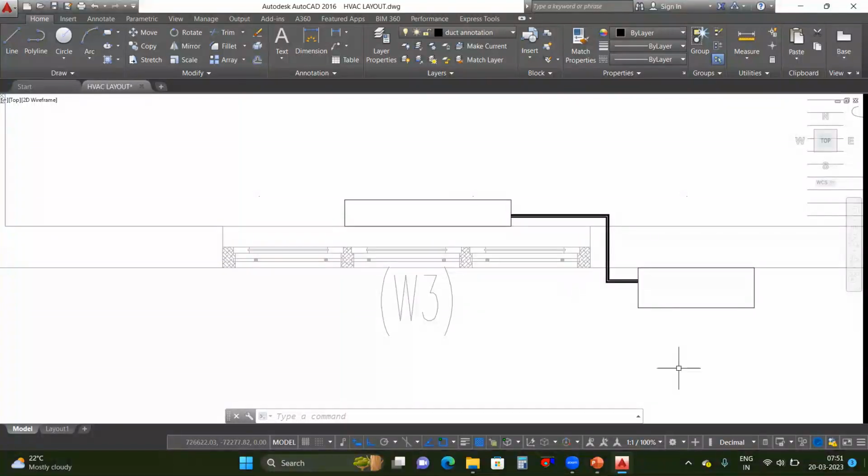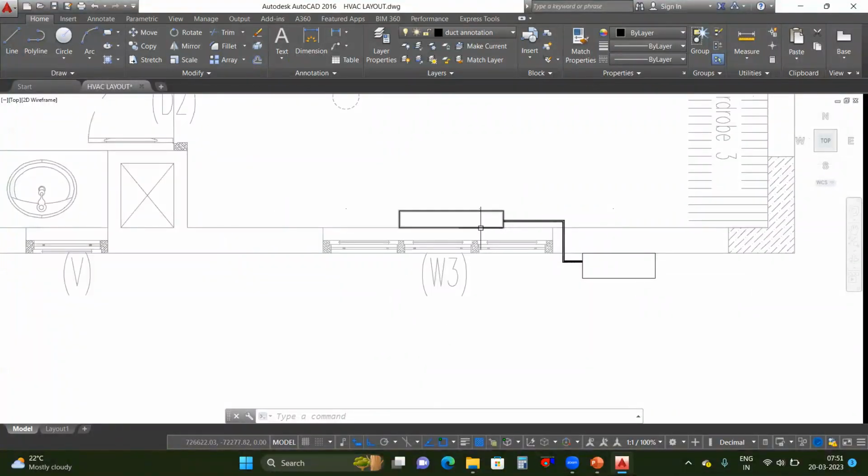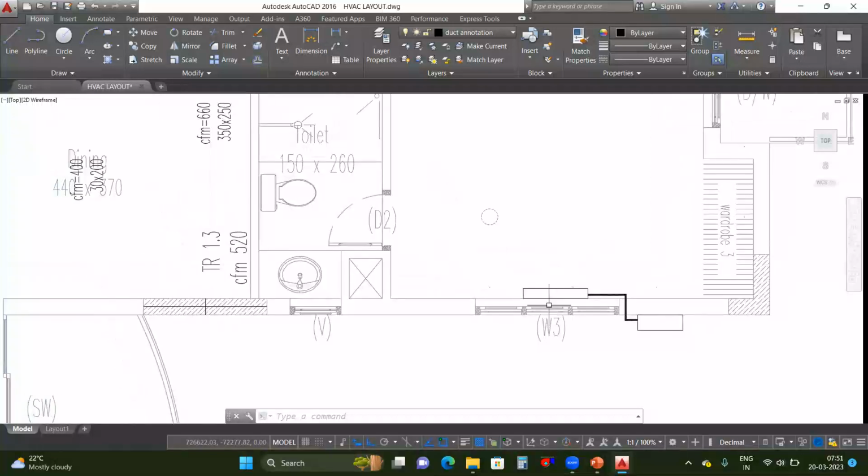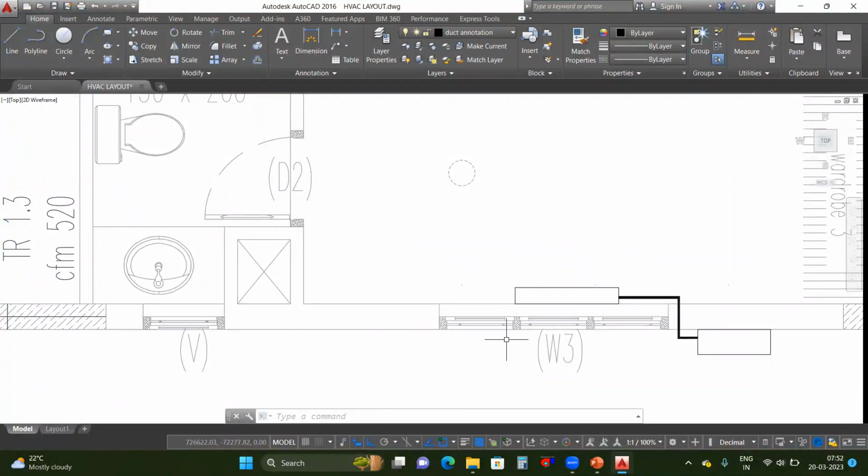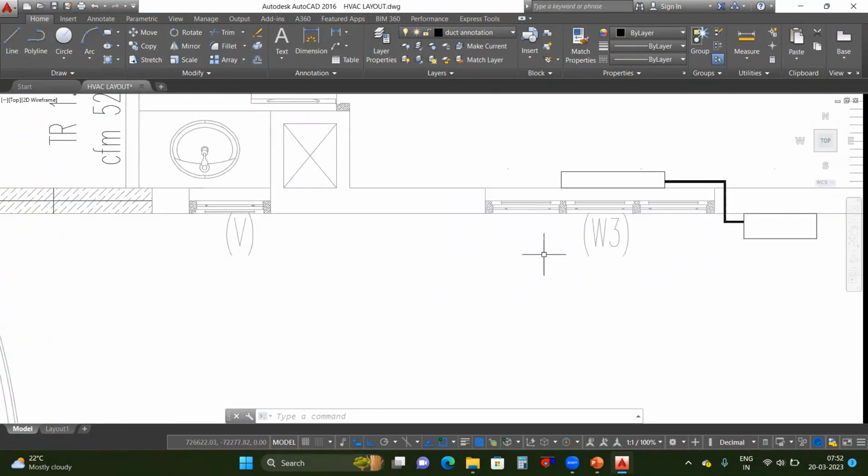Okay, so that is the one thing we need to keep in mind. So 15 to 20 meters also we can take, but more than that, we cannot take. Okay, so the difference between indoor unit and outdoor unit. Okay. So drain line also, if it is a ground floor, we don't have any issue at this side, so we can drop the drain connection here.